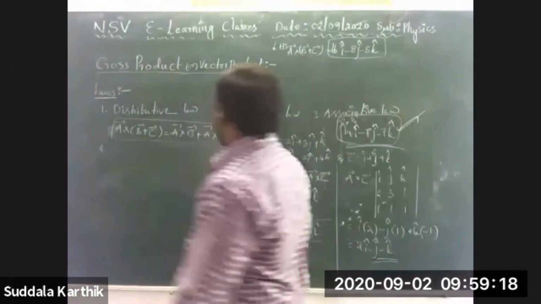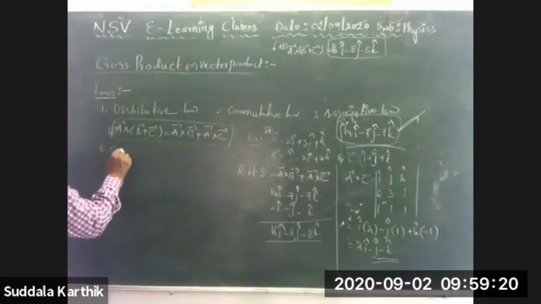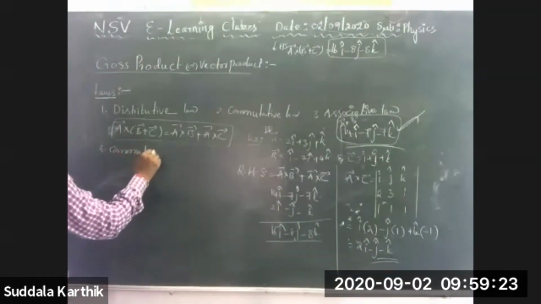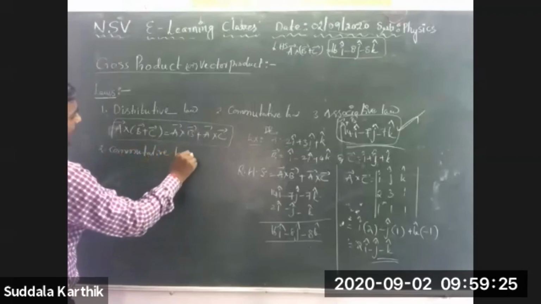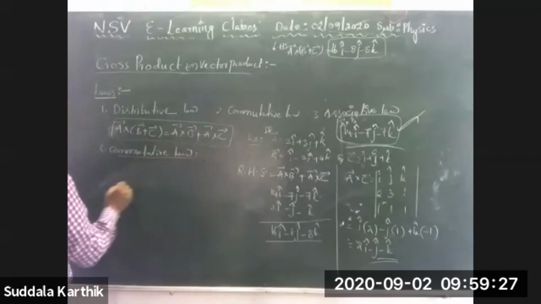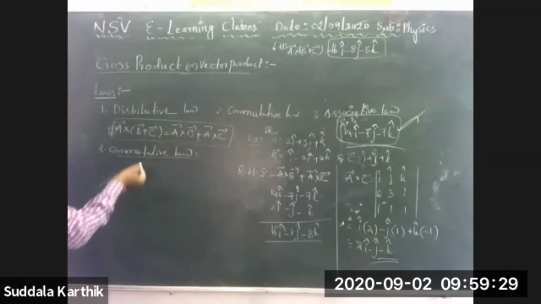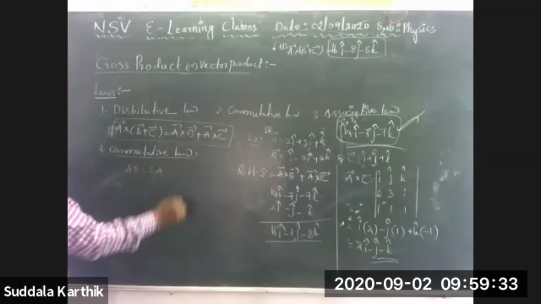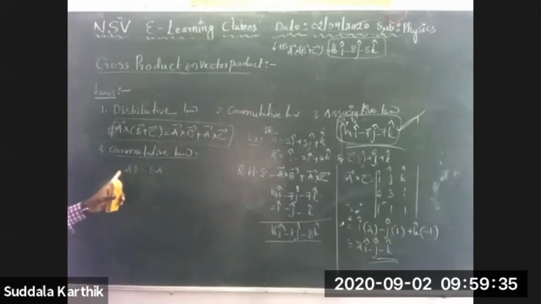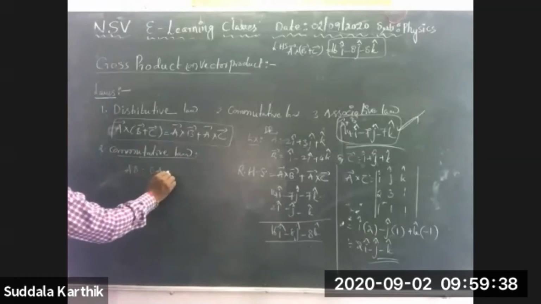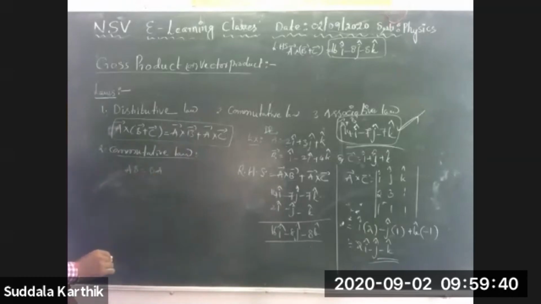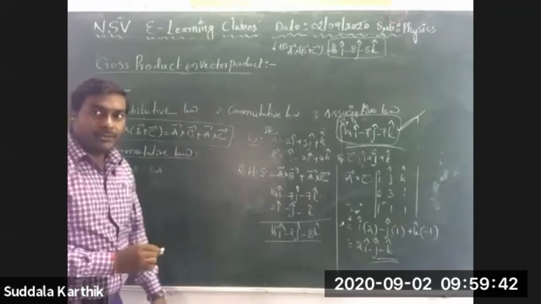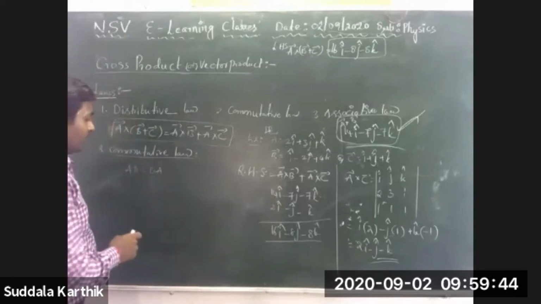Next, the second one is the commutative law. In general mathematics, the commutative law is AB equals BA.